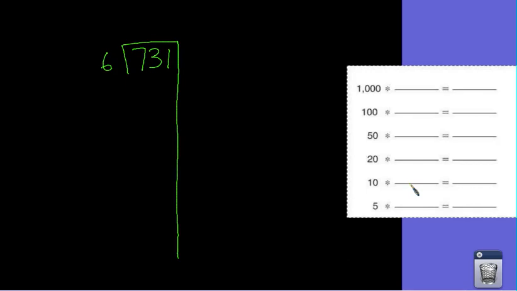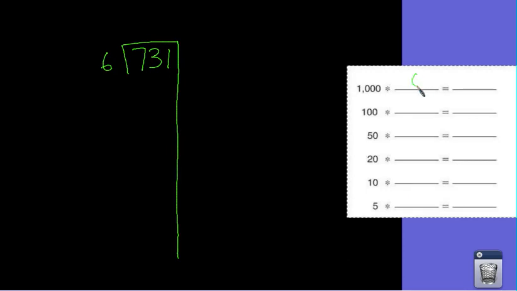On some problems, you might be okay without the chart. On other problems, you might like to have the chart with you. This is just a way to help you find some partial quotients, and you can refer back to it as you're working.